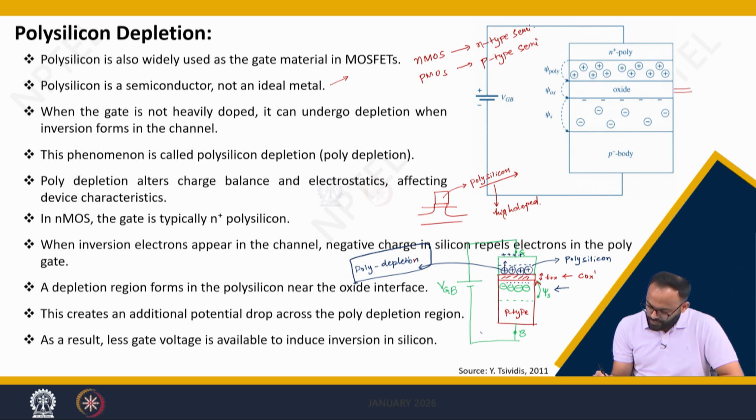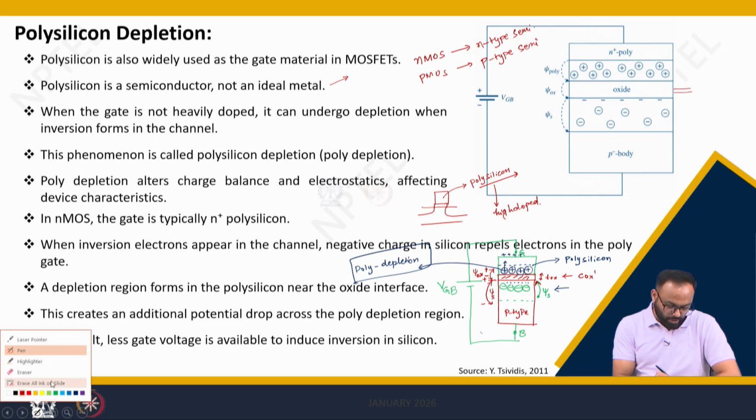You remember that we said a potential which is exactly from the surface to deep in the body is the surface potential. We denoted it by psi s, and if VGB is positive, the surface potential is positive, like this. Similarly, there is a potential drop across the oxide, we called it psi ox. Again, the polarity of this psi ox is positive and negative. Now, there are two ways you can think of the polarity of psi poly.